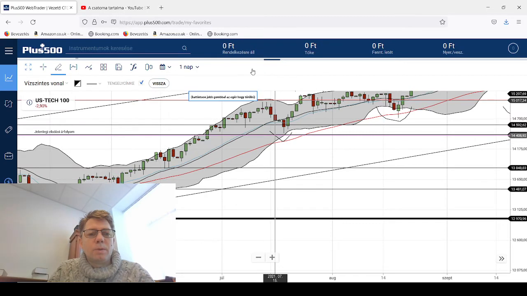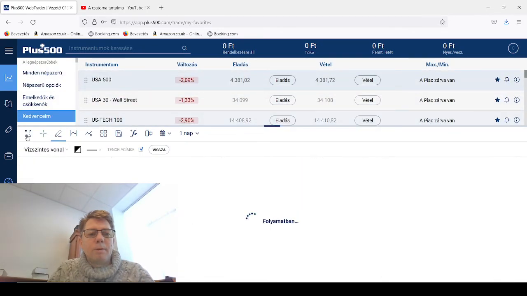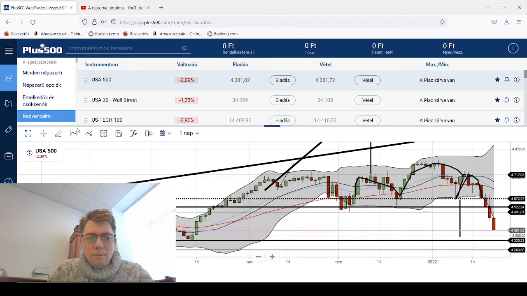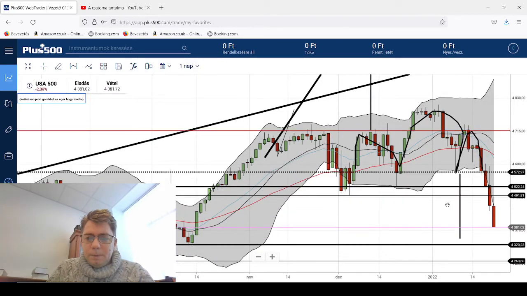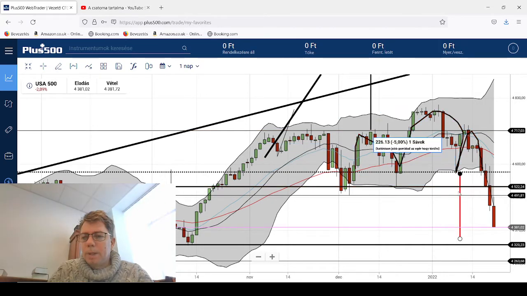Let's go over to the S&P 500 daily chart. This is the daily chart on the S&P 500, and I shared with you this head and shoulders pattern. It's playing out very well. My price target hasn't been hit yet.